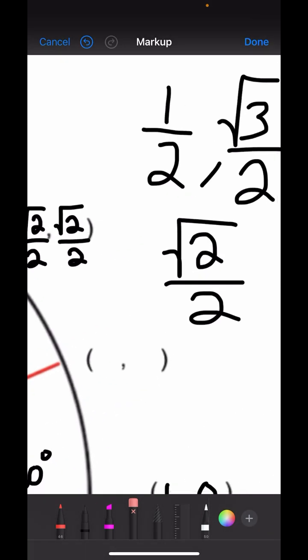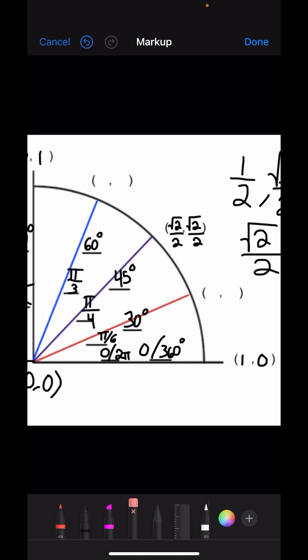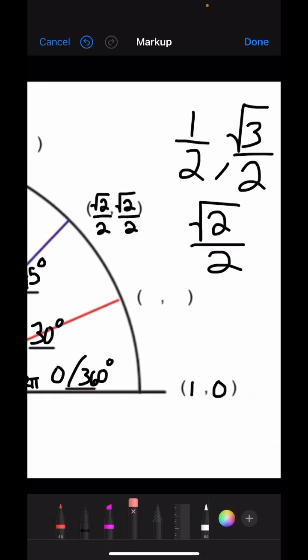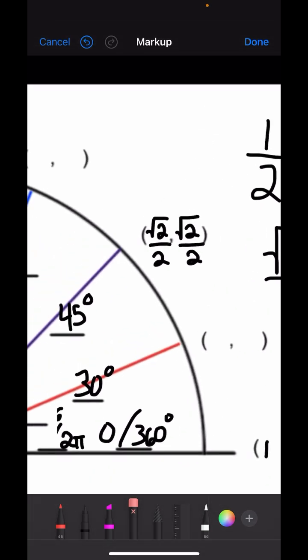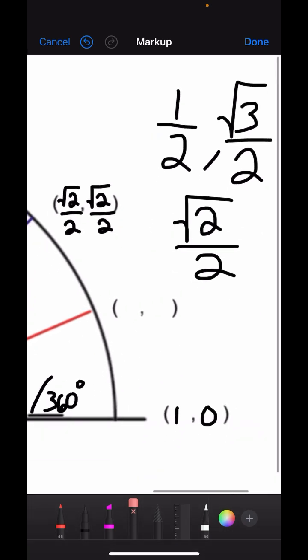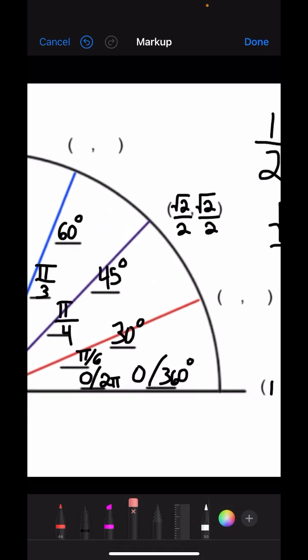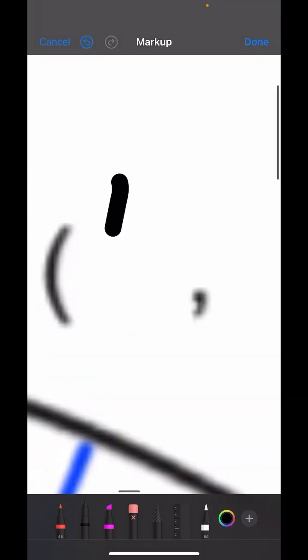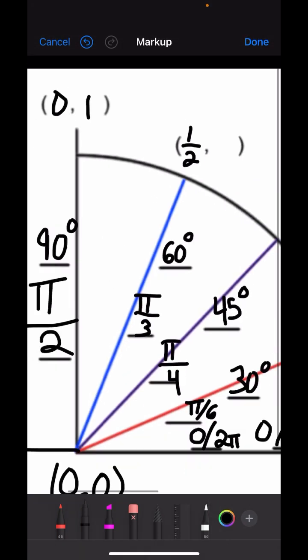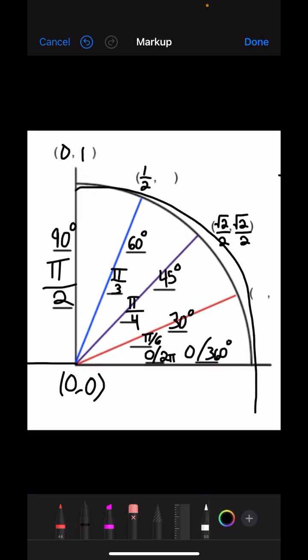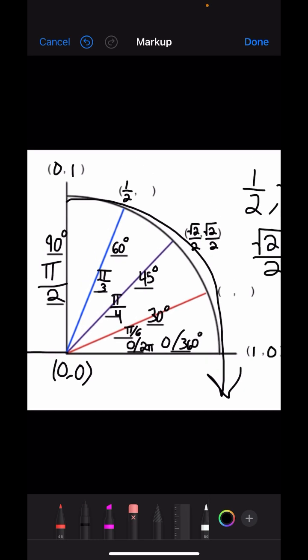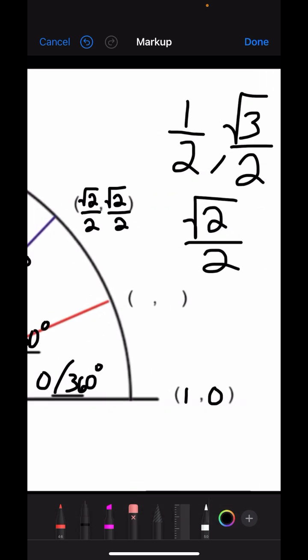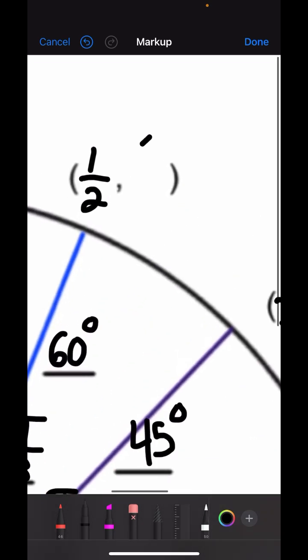Now, the other two, the 30 and the 60 degrees, get a little more complicated, but it's okay because we got this. Just remember that the 1/2 goes first. The 1/2 goes in the x value here. So if you're going back this way, you're going in this direction, it goes 1/2 and then square root 3 over 2.